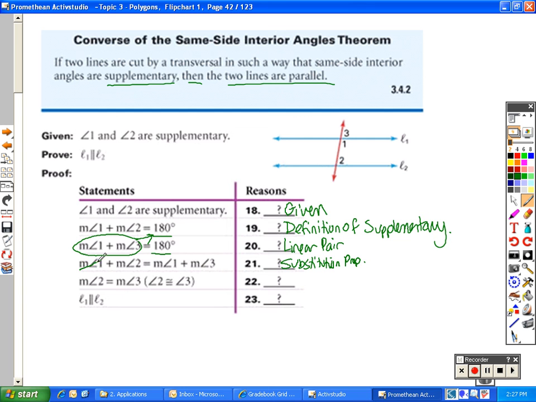Well, they both have angle 1, so it's like we subtracted angle 1 from both sides. All right, since angle 2 and angle 3 are congruent, why does that make L1 parallel to L2? Well, that's because angle 2 and angle 3 look like corresponding angles. So by the converse of the corresponding angles theorem, we know that line 1 is parallel to line 2.